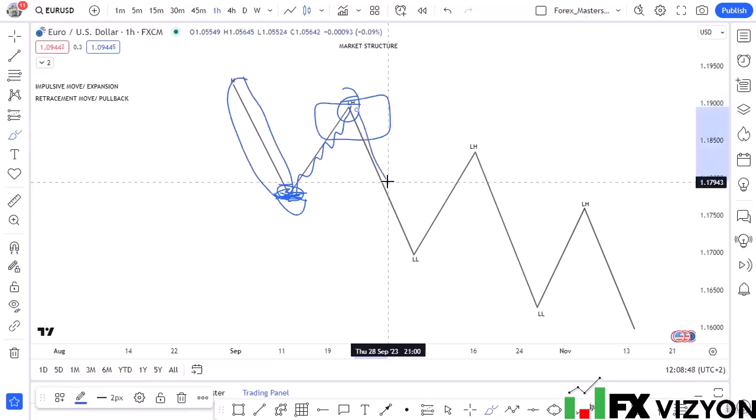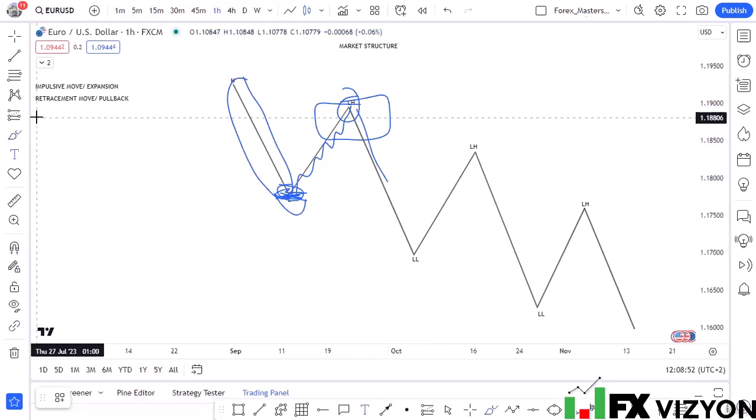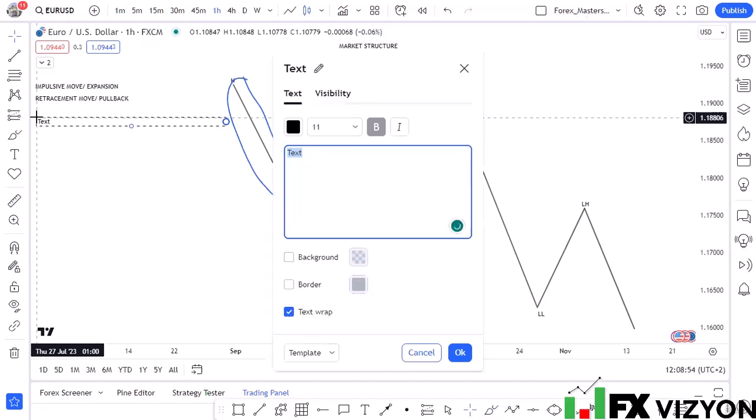Why? Because there is a rule in the market, and I'll write it down for you here. The rule for trading is: buy low and sell high. This is a very important rule.